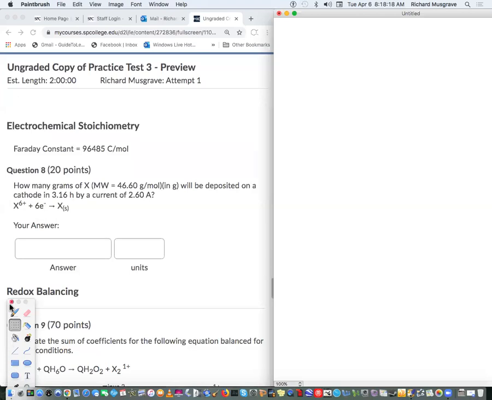Okay, so for this one, this is one that involves some dimensional analysis, a little bit of practice.